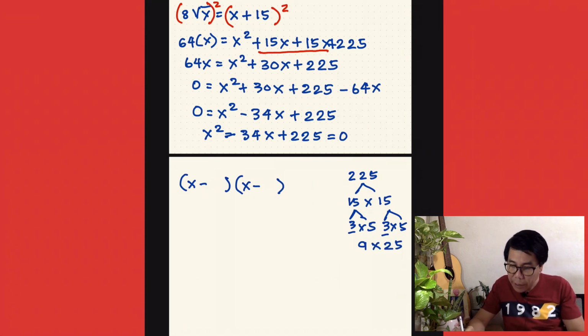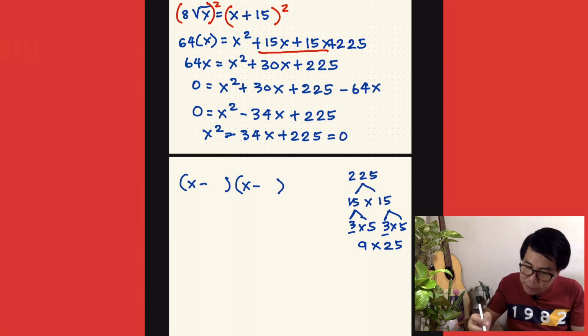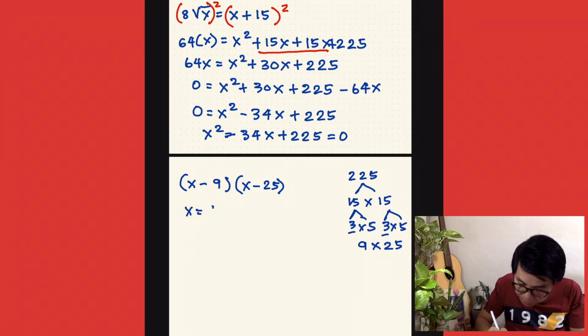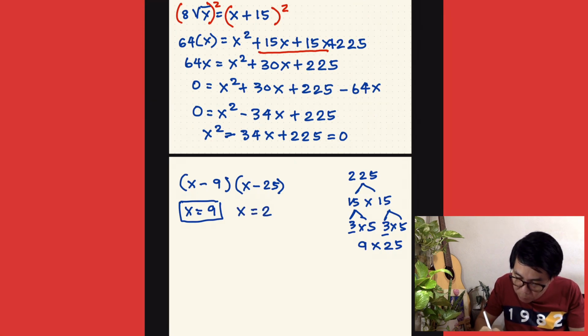So 25 times 9 is equal to 225. When you add 9 and 25, it gives us 34. So this one is 9 and this is 25. So we have x is equal to 9, one possible solution, and another possible is x is equal to 25.